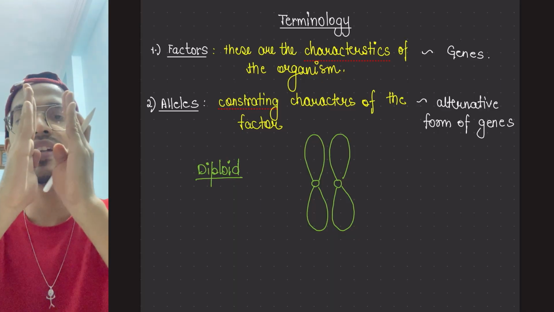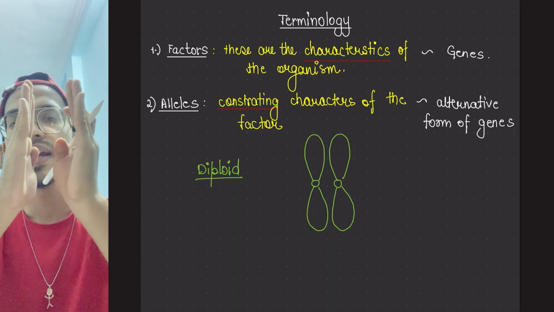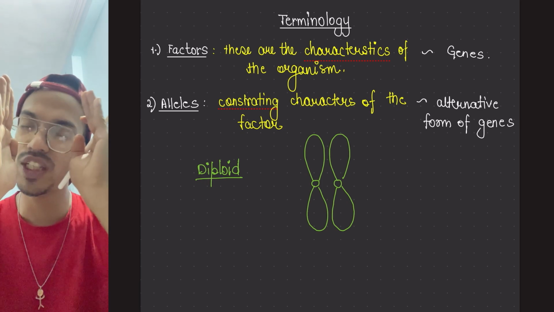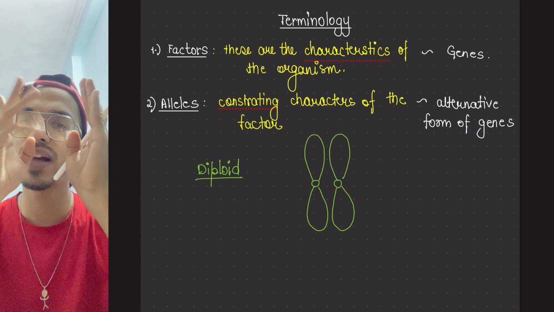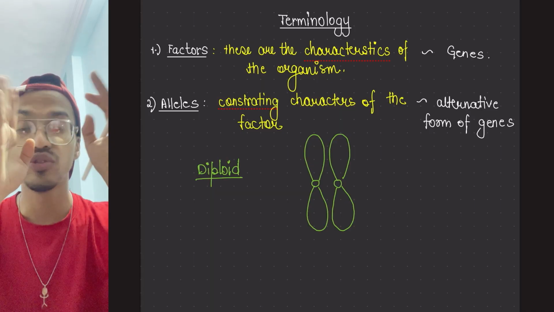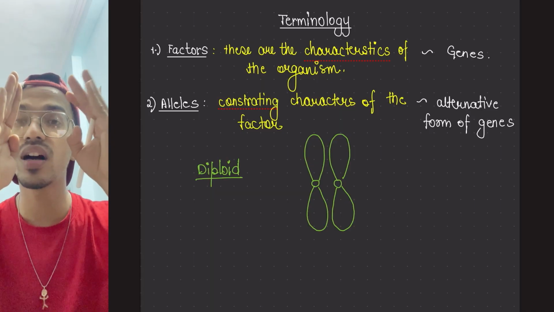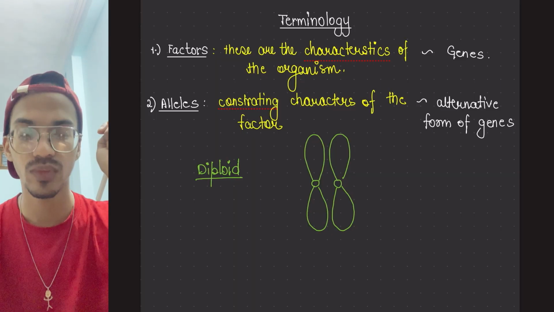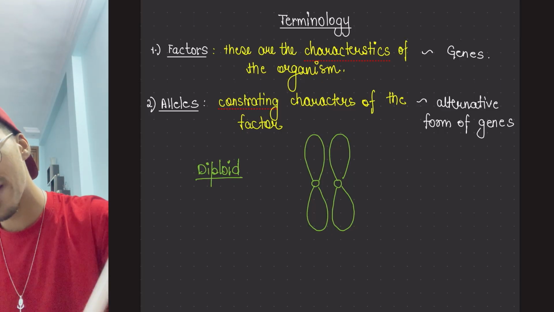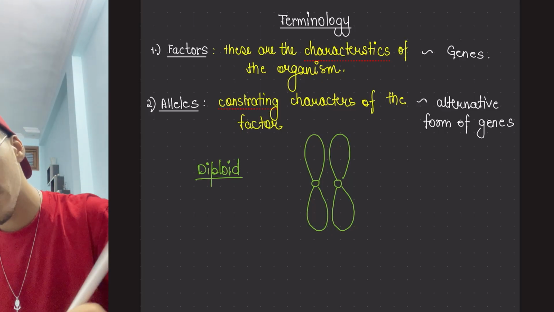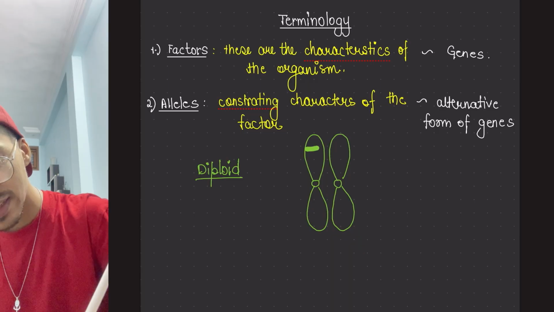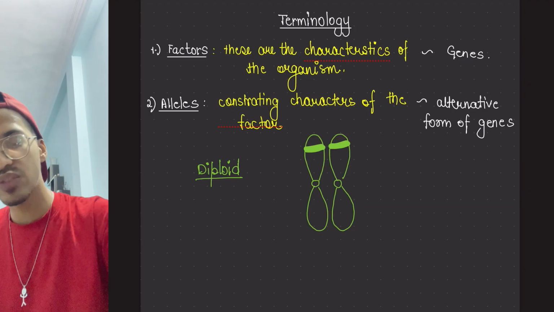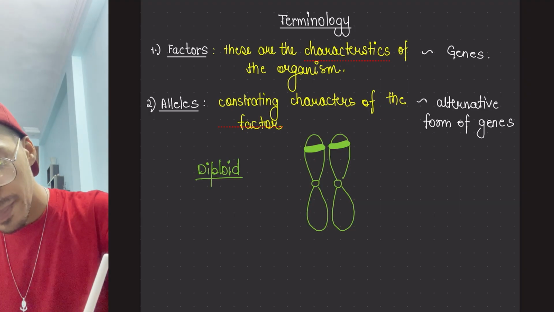So if this is the chromosome, here the eye color factor, or eye color gene, is present. Now this gene on my father's side has a brown color character, whereas this has a blue color character. These are the alleles. If there is one factor present here and another one present here, the factors will be present in pair form.